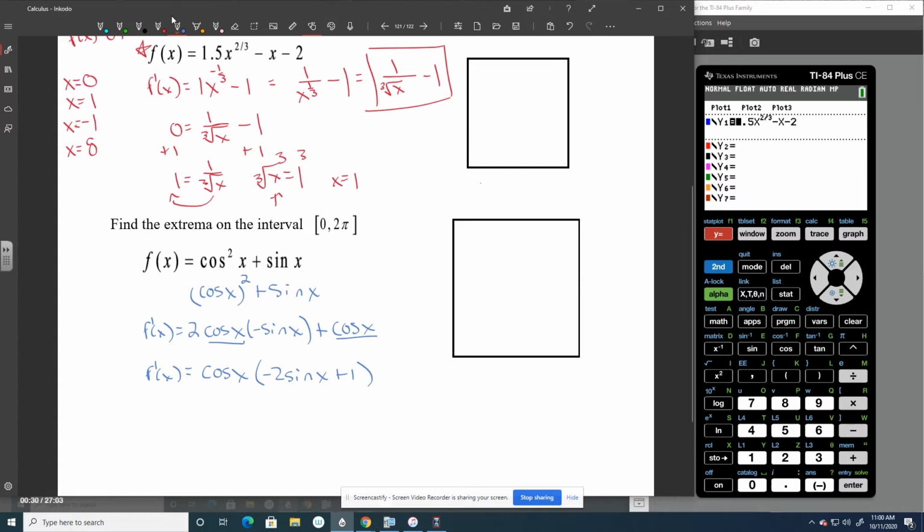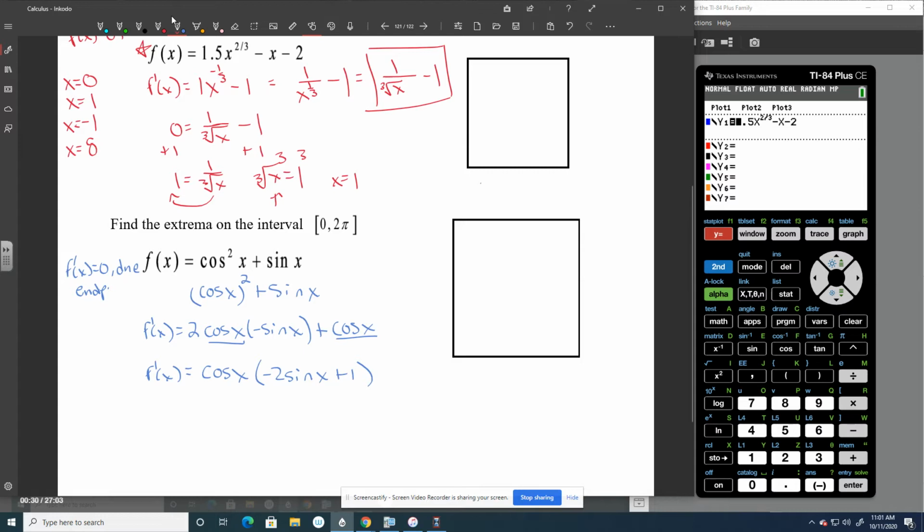And I think that's about as simplified as I'm going to get. So I need to check where my derivative equals 0. I need to check where it does not exist. And I need to check my endpoints. I already know what those are. They tell me what those are. So I've got to figure out when this is not going to exist and when it's going to equal 0.